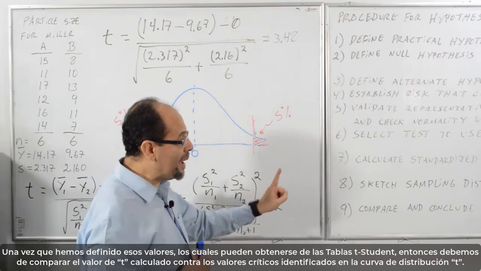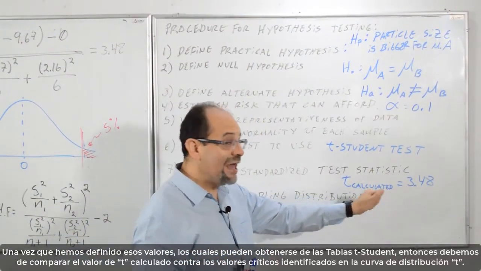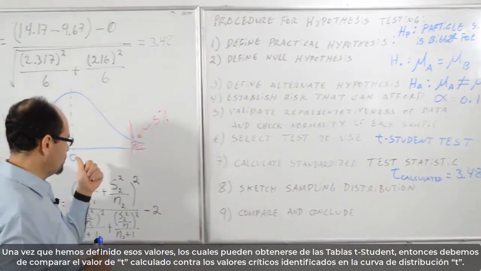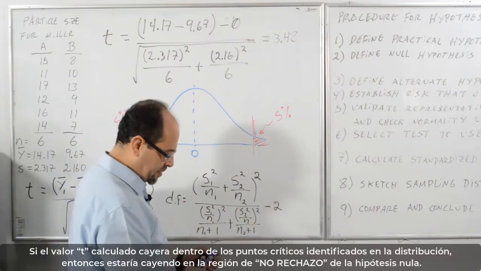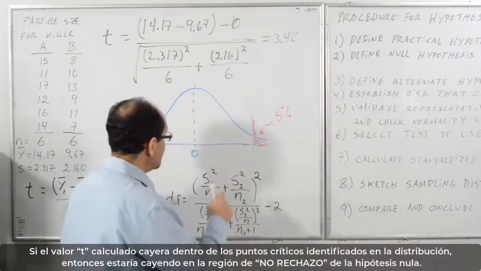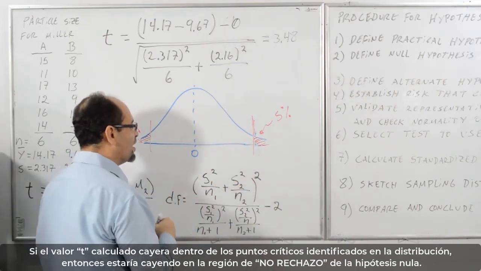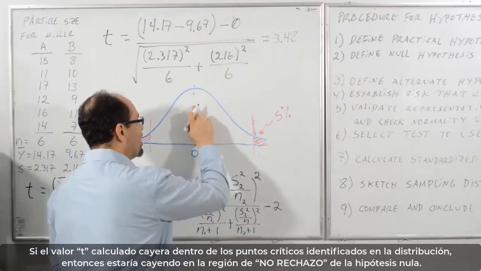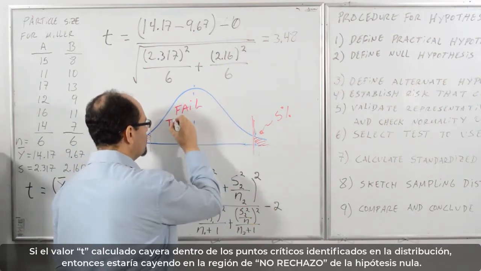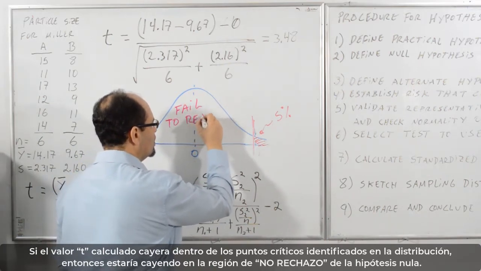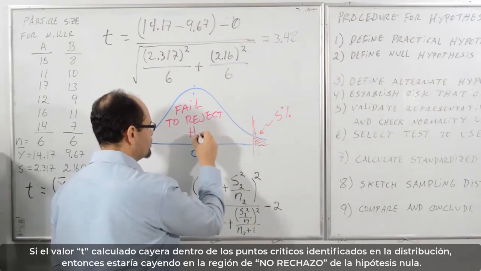Then I will compare the t calculated value against this distribution. If the t calculated that we obtain is somewhere between this and this value, this is the area of fail to reject the null hypothesis.